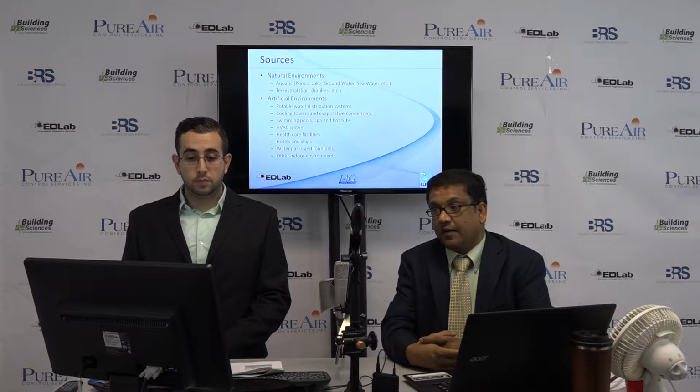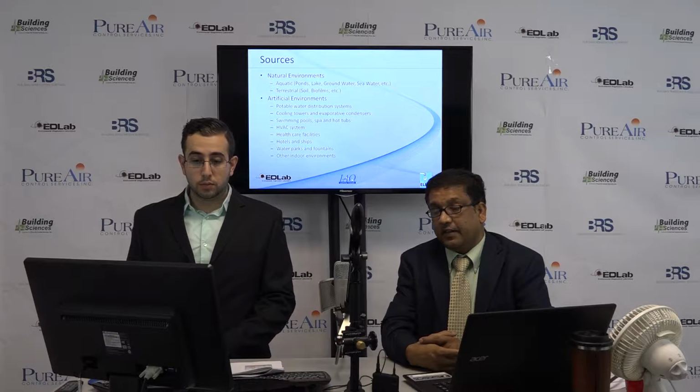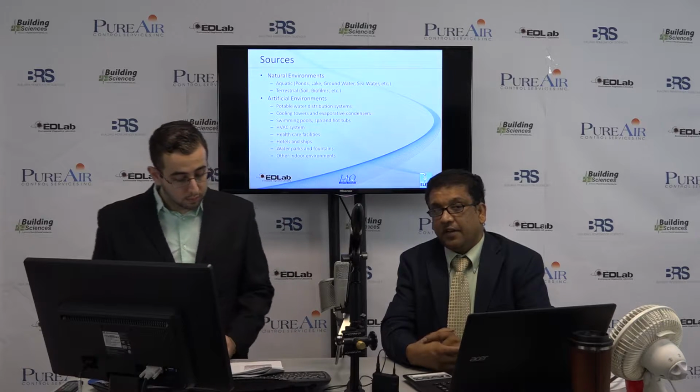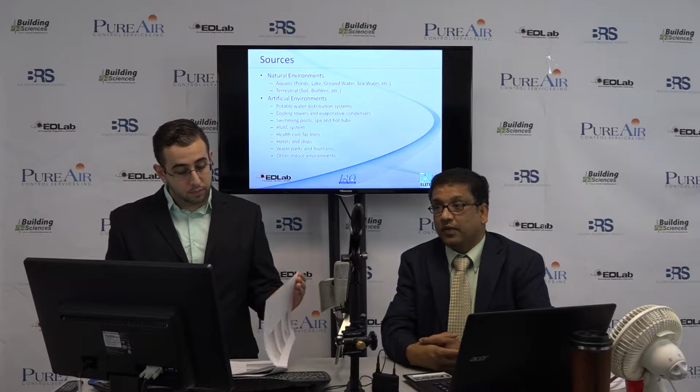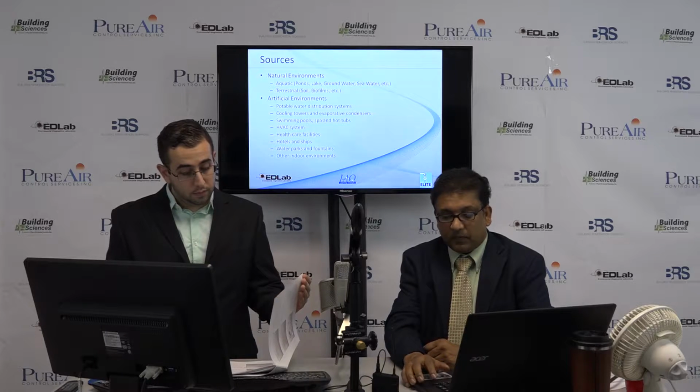Cooling towers and evaporative condensers are sites of bacteria. Swimming pools, spas, hot tubs, HVAC (heating, ventilation, air conditioning) systems, healthcare facilities, hotels, water parks and fountains, and other environmental sources are the potential places where this bacteria can grow.